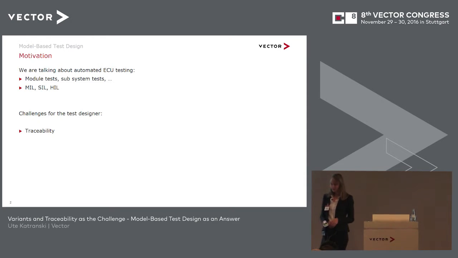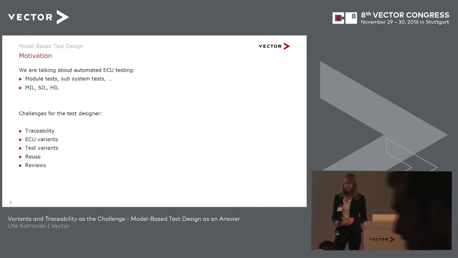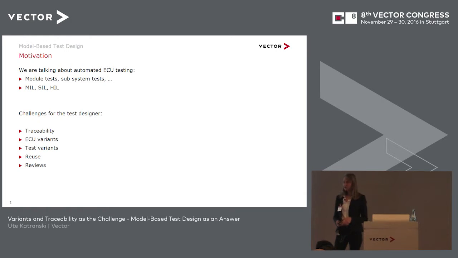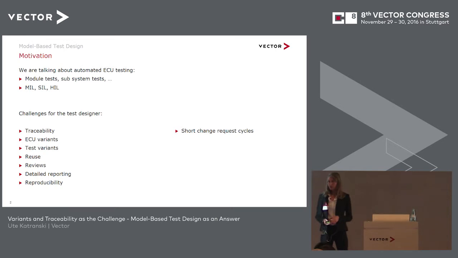Well, of course, without traceability, nothing is possible. I have to deal with ECU variants, test variants. And of course, I don't want to do copy and paste all the time. I want to make sure that I can reuse my elements of the test design, then also reviews. I have to be able to show what I've tested. And I also want detailed reporting, and all of that has got to be reproducible.